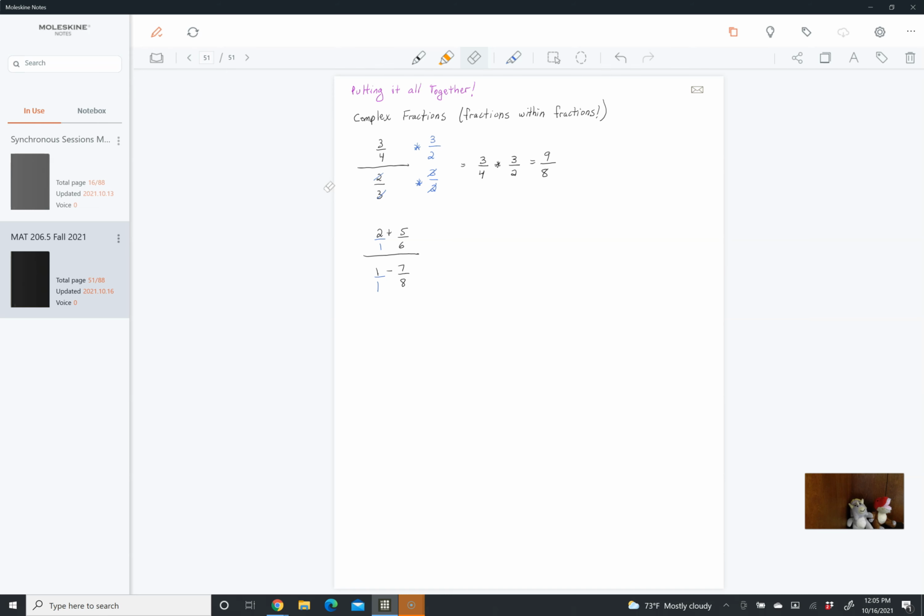Also, in terms of finding a common denominator. So here, on top, we can multiply the first fraction by 6 over 6. The second fraction doesn't need to be multiplied by anything. And on bottom, we can multiply the first fraction by 8 over 8.